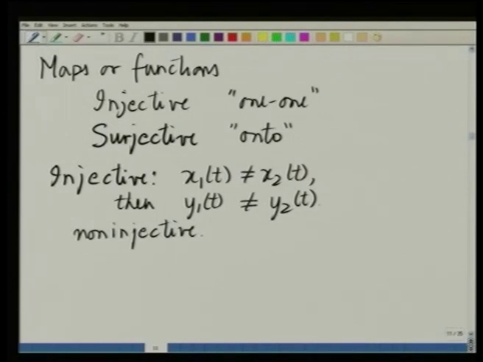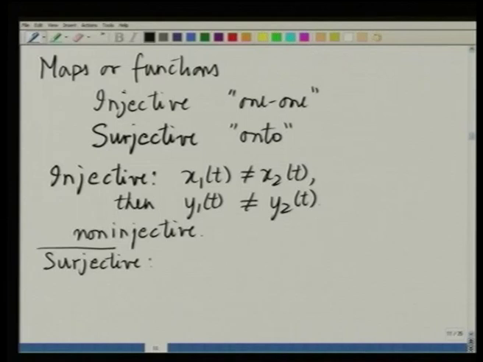The other property is surjective. What does it mean to say that a system is surjective, that a map is surjective?